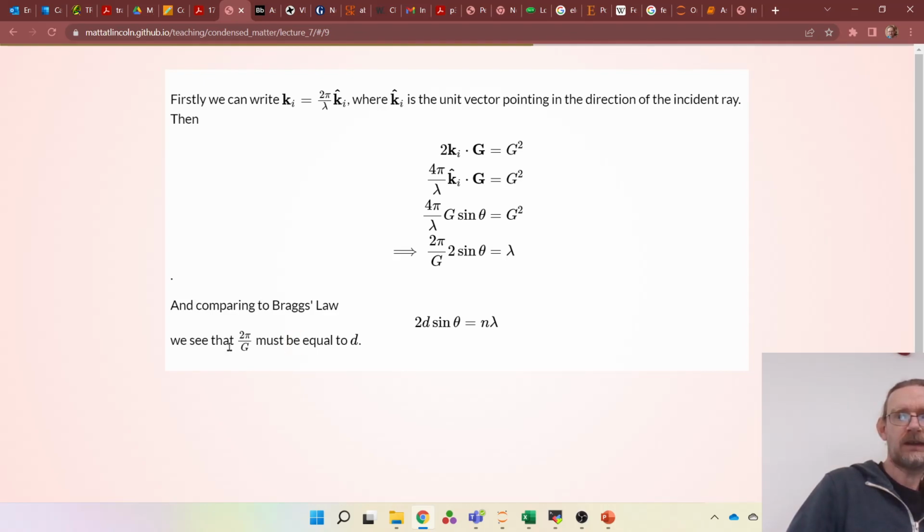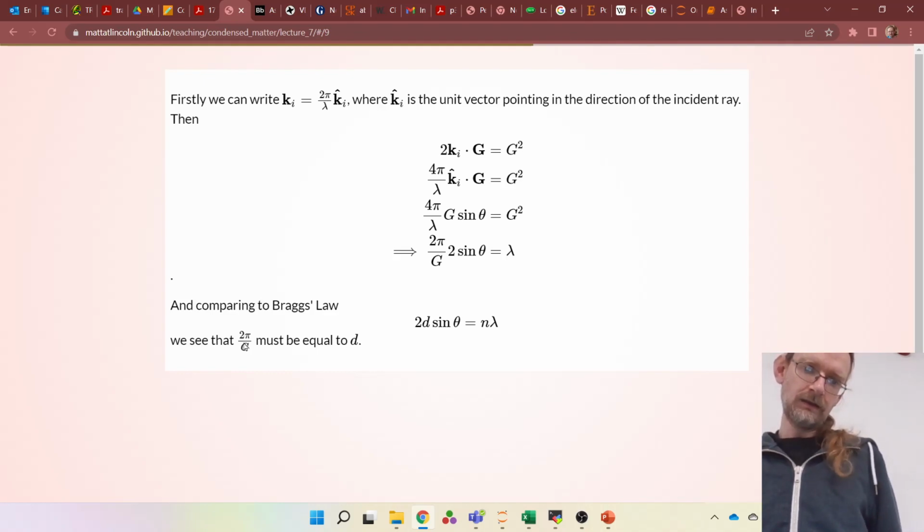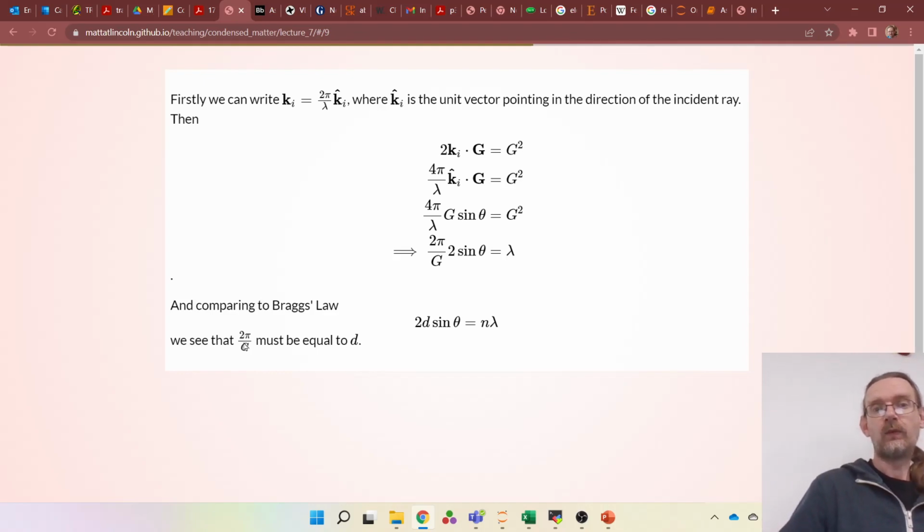If we have d equal to 2 pi upon g, then we have agreement. So if we take this equation, 2d sine theta, Bragg's equation, and plug in for d 2 pi upon one of our lattice vectors, then we'd have something we could work with.